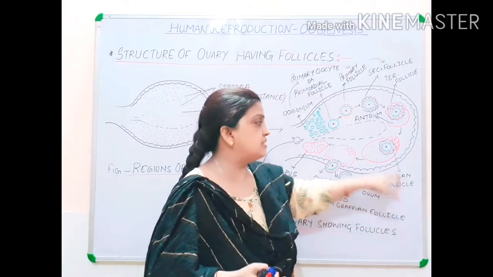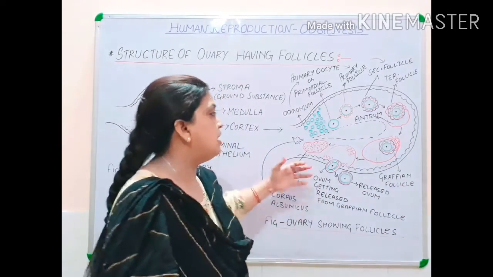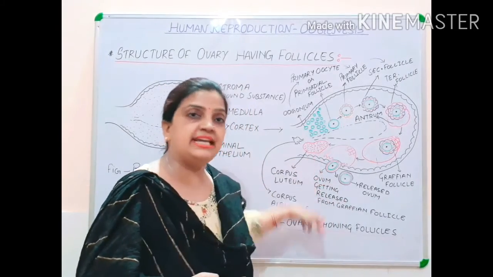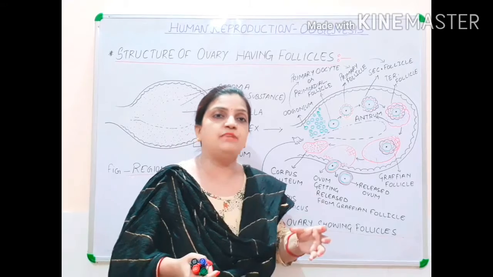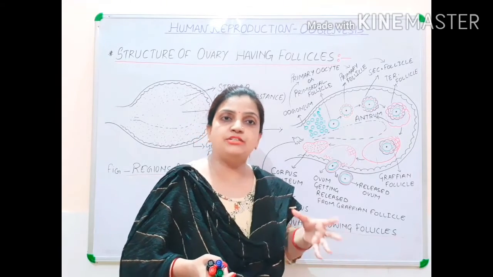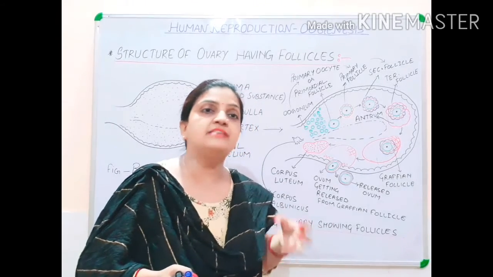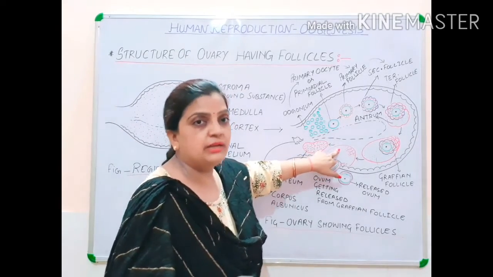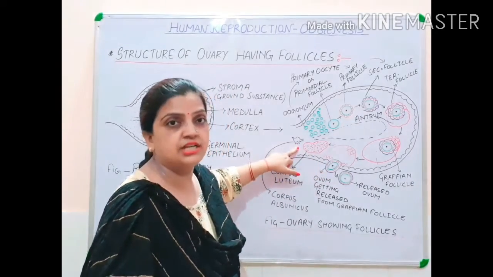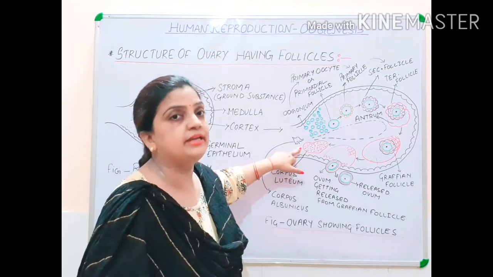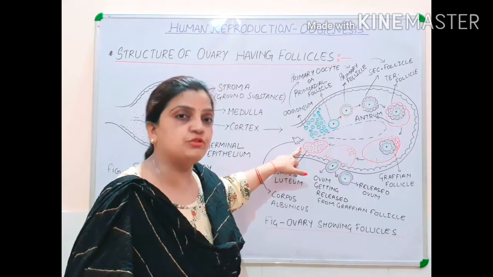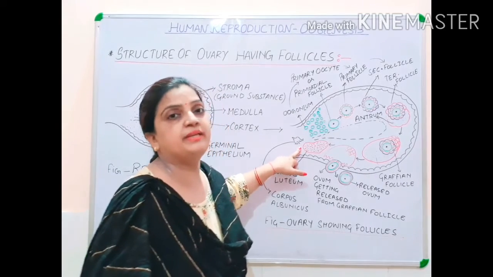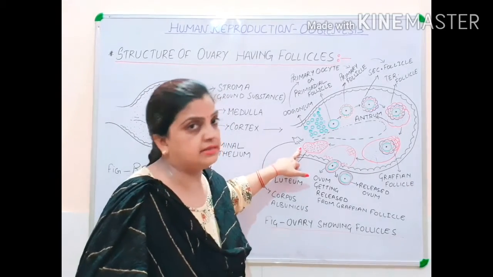Graafian follicle. Now from this Graafian follicle, after maturation, the ovum will be released, and the ovum will be captured by the fimbriae of the fallopian tube, and the process is called ovulation. The leftover Graafian follicle will convert into corpus luteum, which will be responsible for the release of progesterone, called the pregnancy hormone, needed if the pregnancy persists.